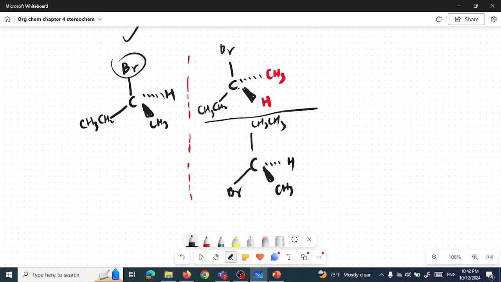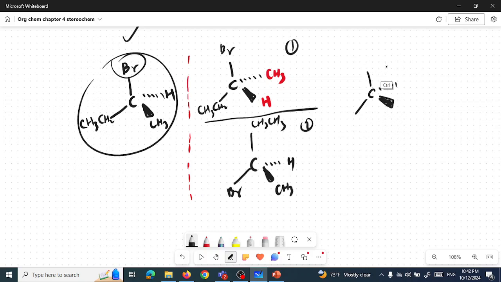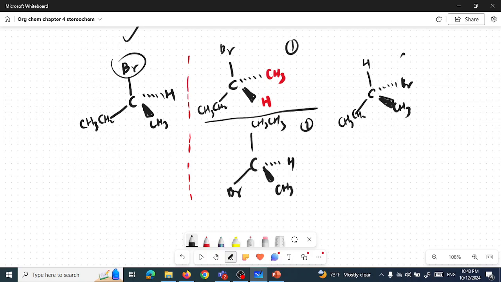When I say the same enantiomer, I'm saying compound 1 and compound 2 are exactly the same. We can even swap any two bonds you want. For example, from the original structure, I can swap Br with hydrogen, and then you will get a compound 3.